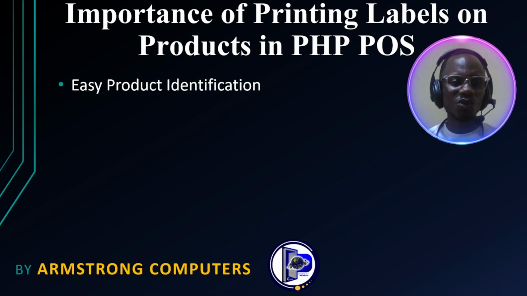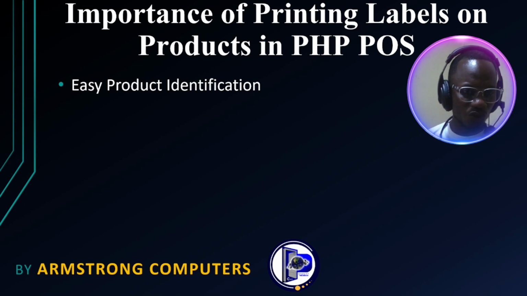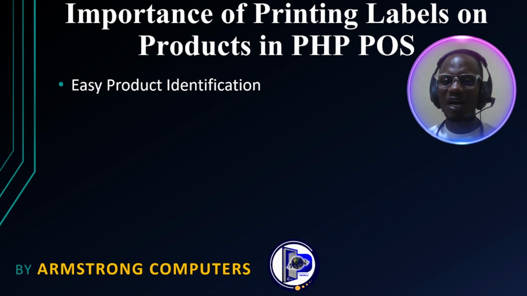In addition, we also have some local sheeters, and they do not have a barcode either. You can print these labels and stick them to the product, and then it will be easy for the system to locate the product during sales. So one importance of printing labels on products is easy product identification.